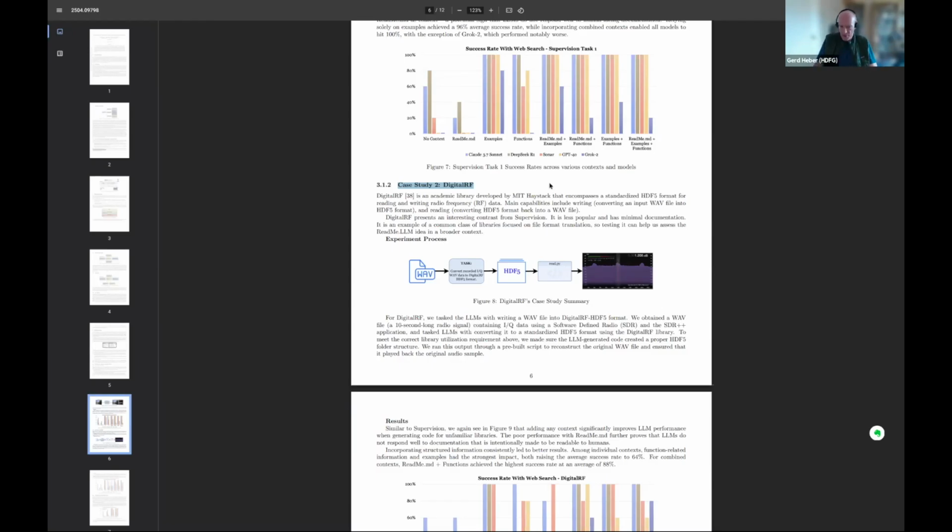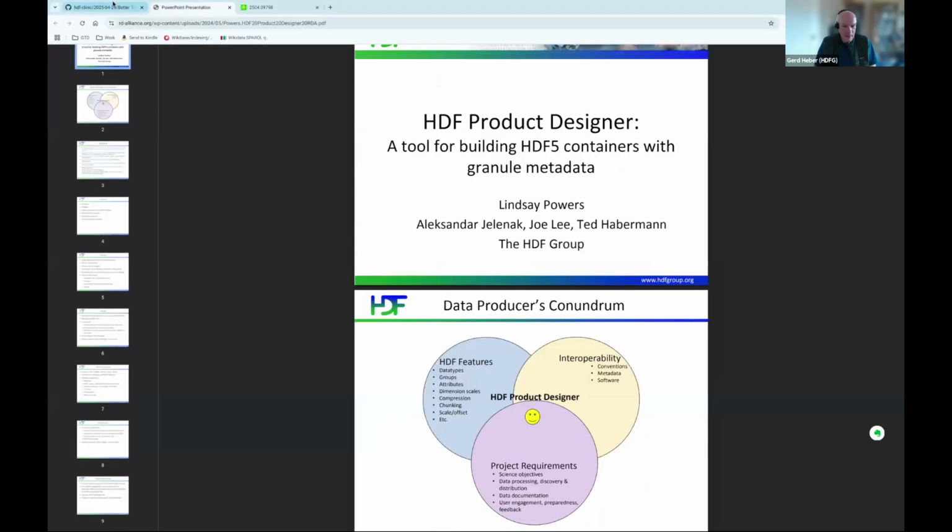And if you are interested, the experiment went well, I can tell you that much, but if you are interested in the details, I recommend you check out that paper.